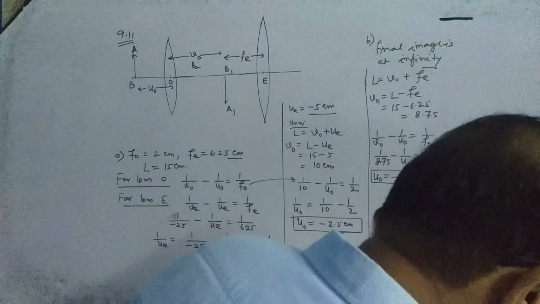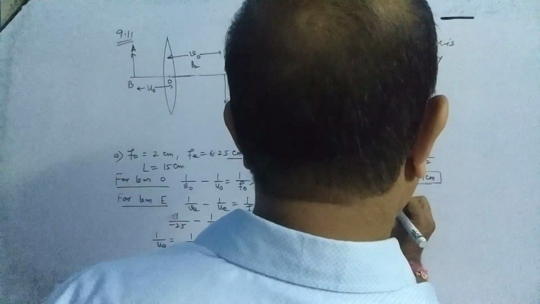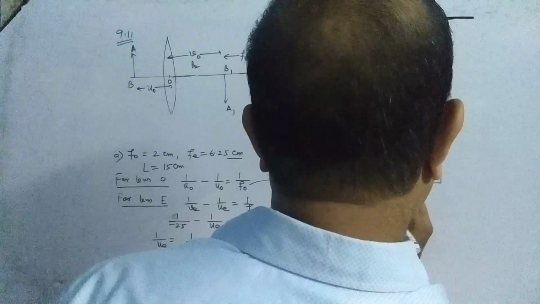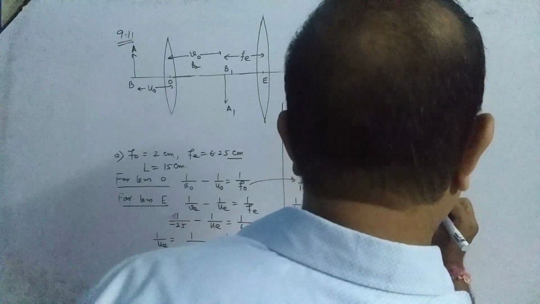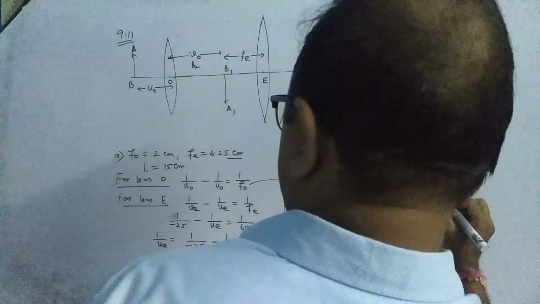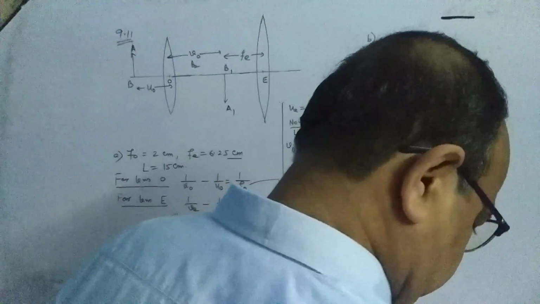And see, magnifying power M. In case A, M is equal to VO by UO into 1 plus D by FE.